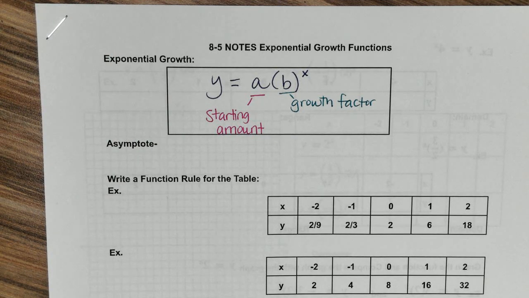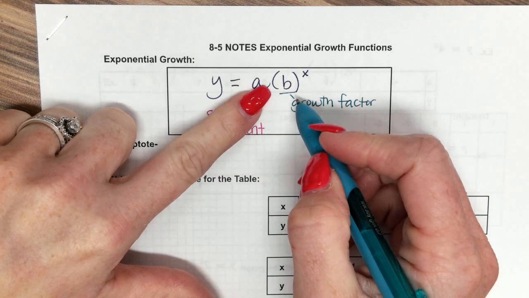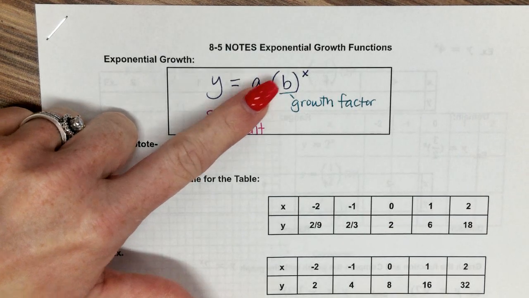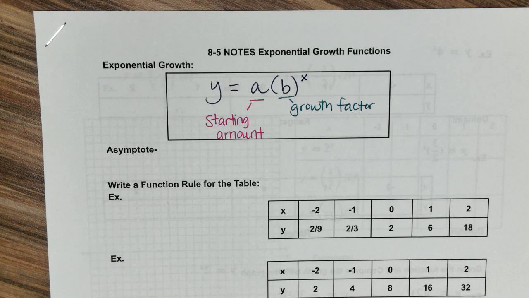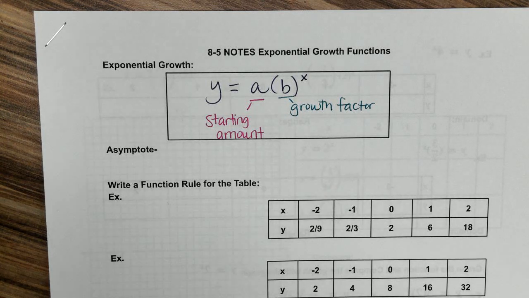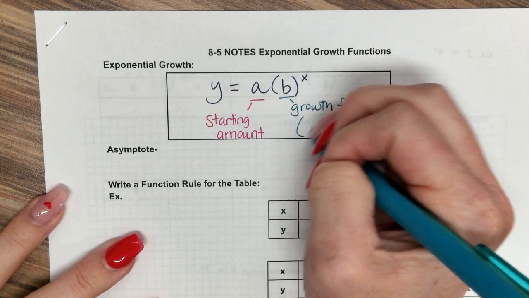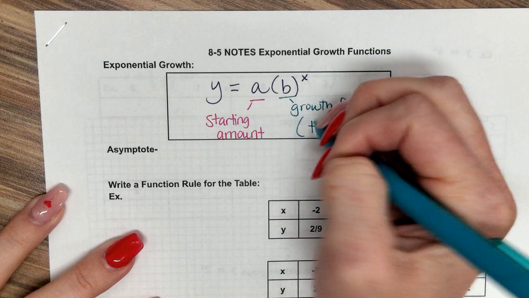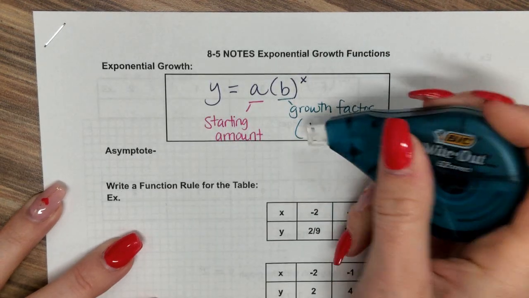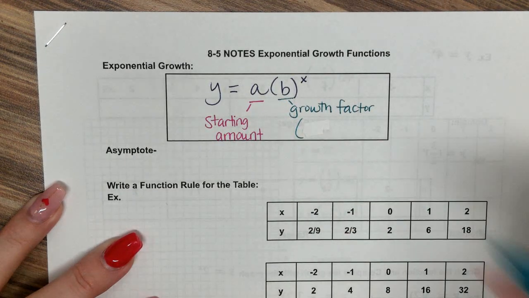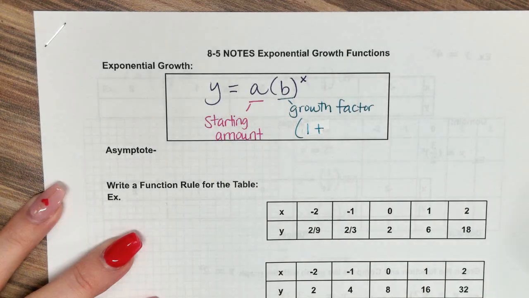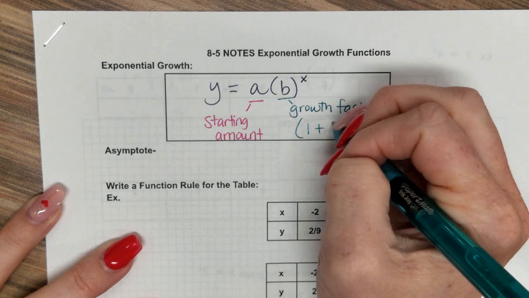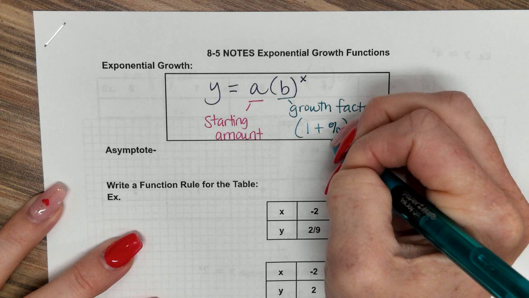The way that you do this to find the growth factor, it's basically like taking 100% plus the percent you're growing by and then changing it to a decimal. So 100% as a decimal is 1. And then you add it to the percent it's growing by, but you change it to decimal form.